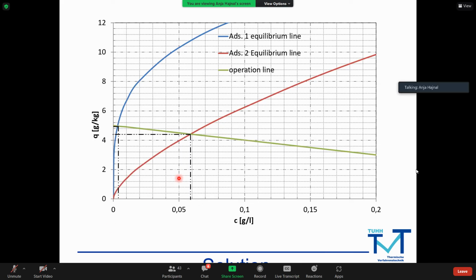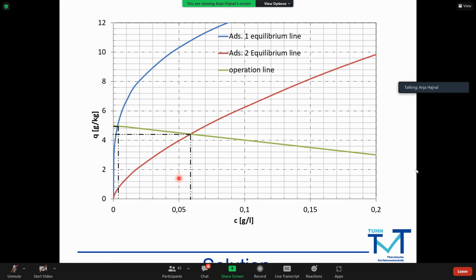And now what is left is to determine the final concentration and loading for both adsorbers. As I said previously in the introduction to the task, with adsorption we always work at equilibrium conditions, and we need to find a place where our operating line intercepts or touches our equilibrium line.